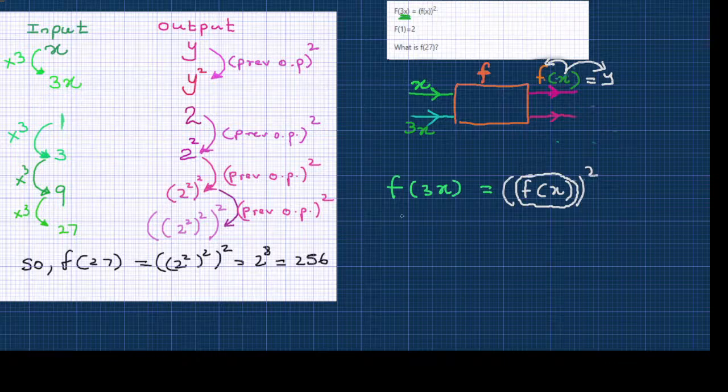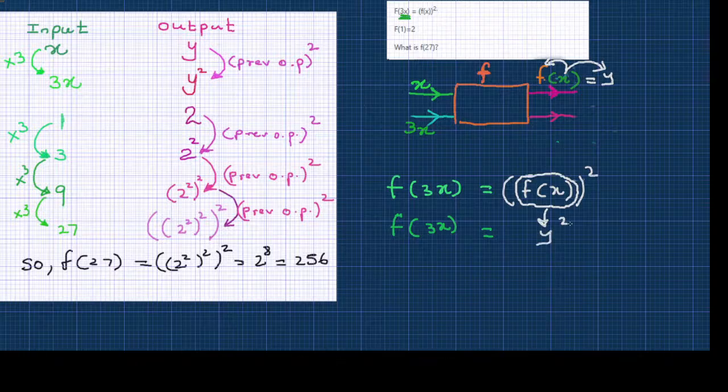So f, when the input is 3x, what is the output? It is the square of the output we got when we put x in. So when we put x in, what is the output we have got? The output we have got is y. So y squared.